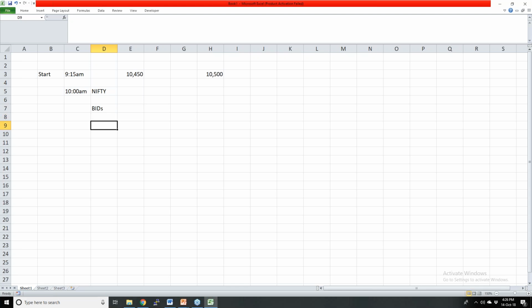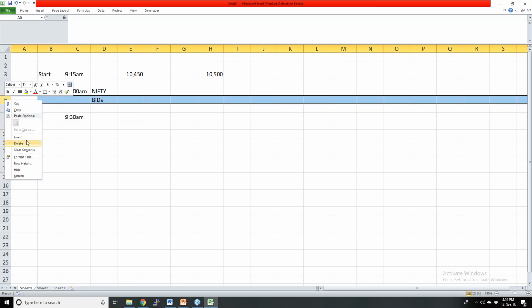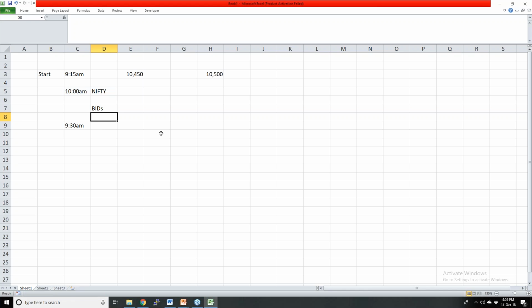So say at 9:30 a.m., there's a bid, so this is the quantity and this is the price. So there's a bid for 100 shares of Nifty at a price of 10,450.